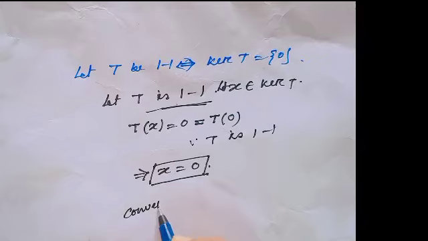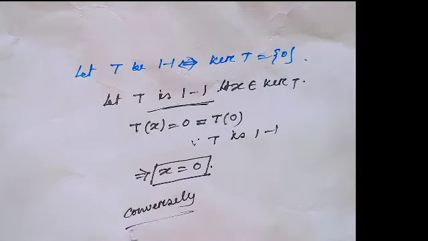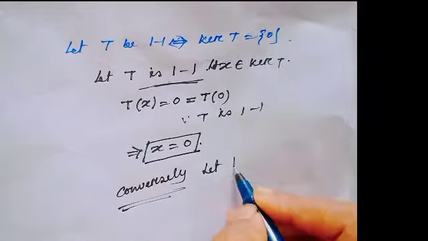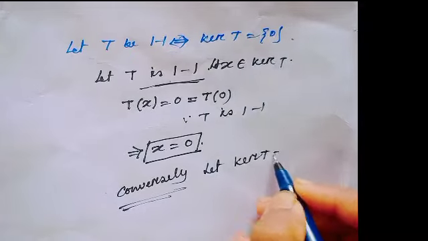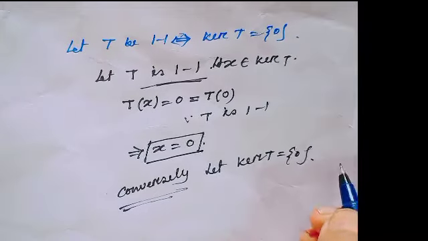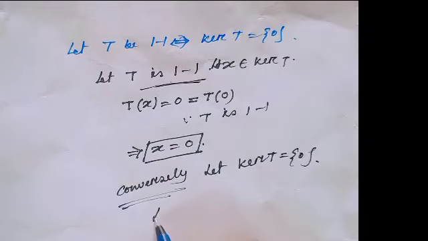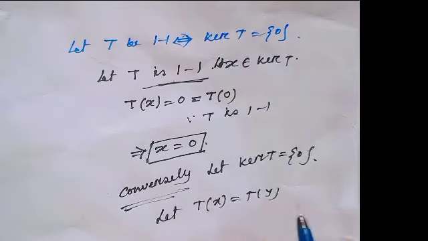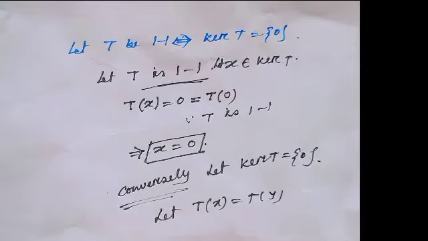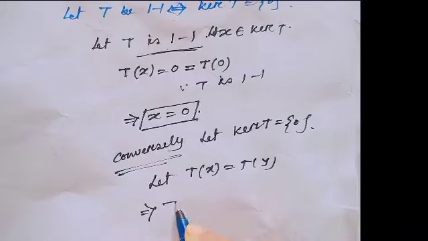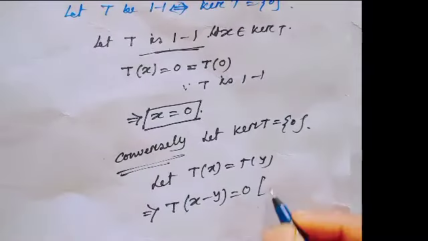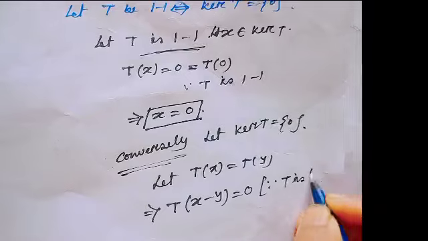Conversely, let kernel T contain only the singleton set {0}, and consider Tx equals Ty. Since T is linear, that implies T(x minus y) equals 0.